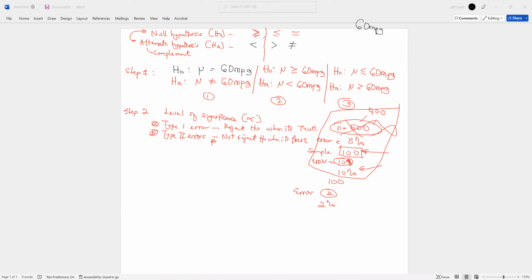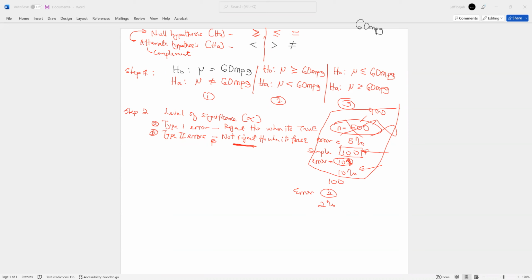So the problem now is that you're going to ship 500 mostly bad products to customers because you did a poor sampling. And so in this case, you did not reject a null when it's false. So you can see that in both scenarios, the level of significance has played a huge role in affecting our results, right? That is step 2.